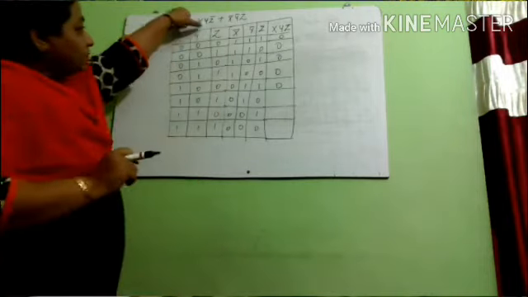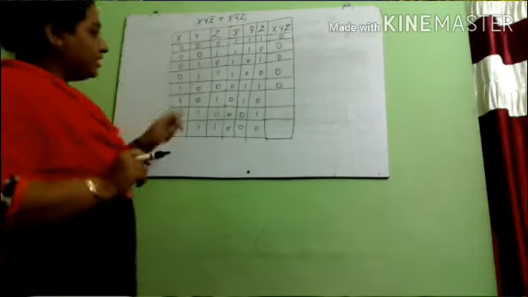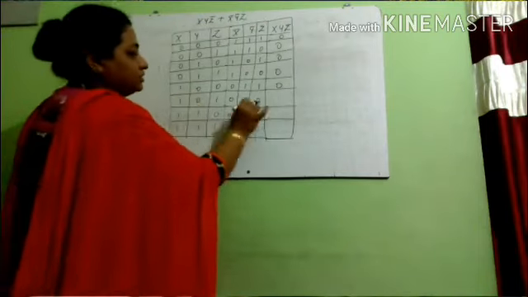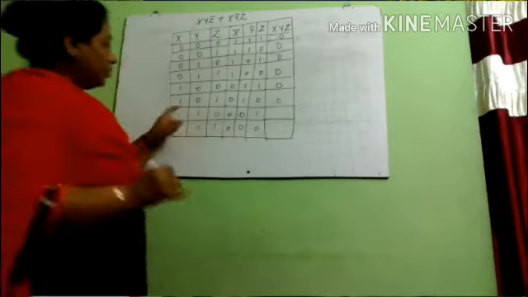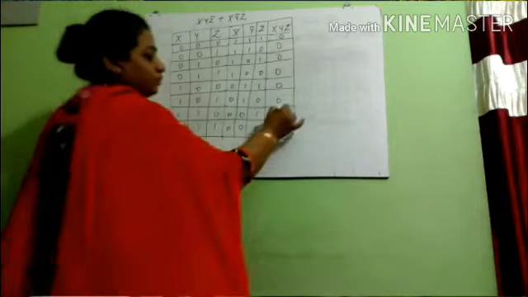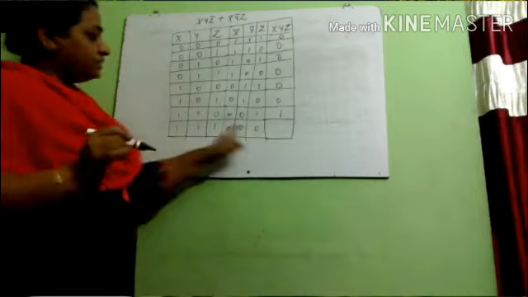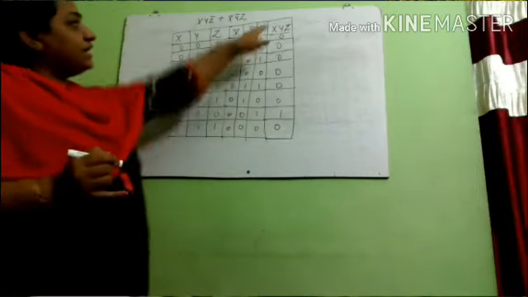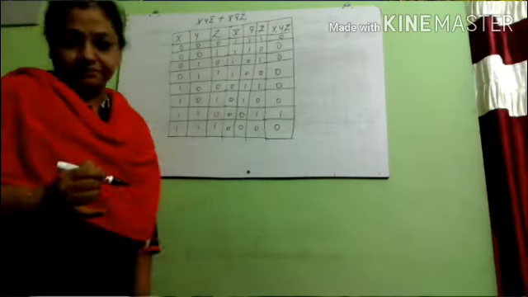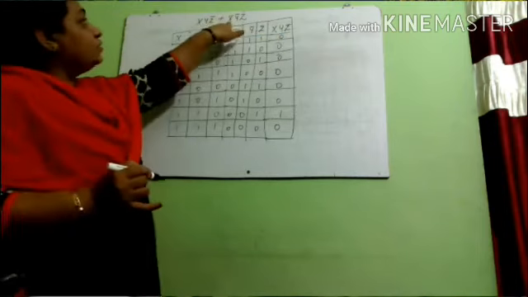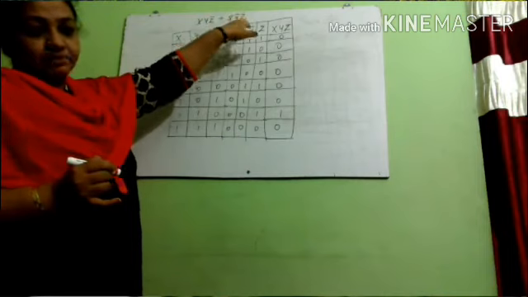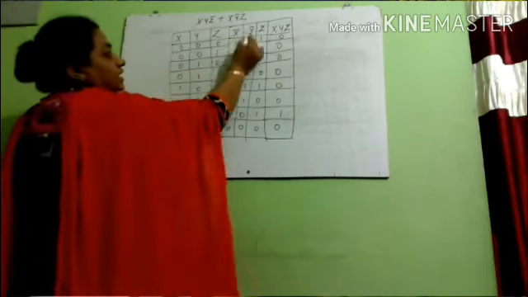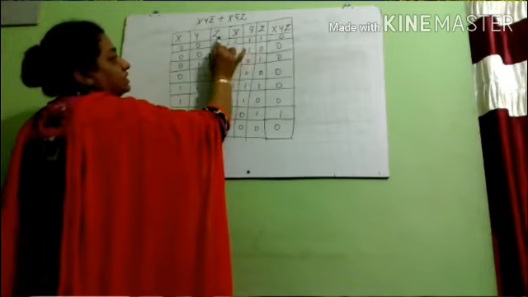When we AND 0, 0, 1, the output is 0. 0, 0, 0 is 0. 0, 1, 1 is 0. 0, 1, 0 is again 0. 1, 0, 1 is 0. As we know, for AND, all the inputs should be 1. Even if one input is 0, the output is 0.